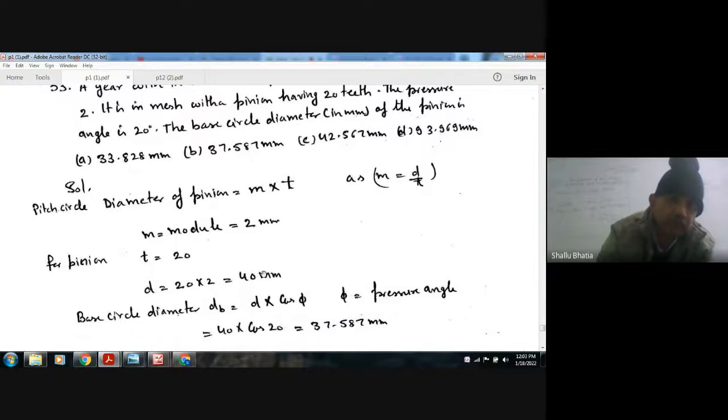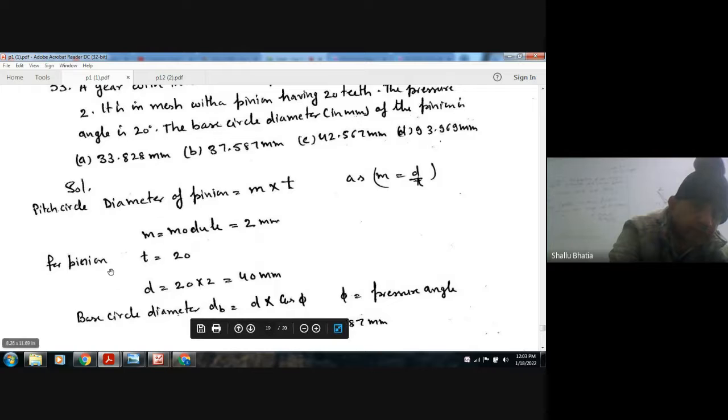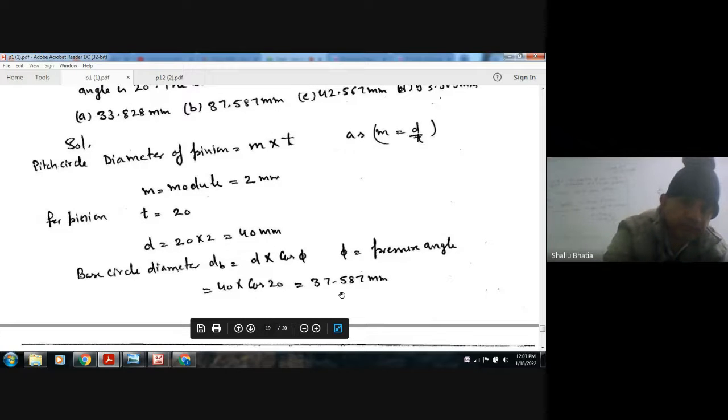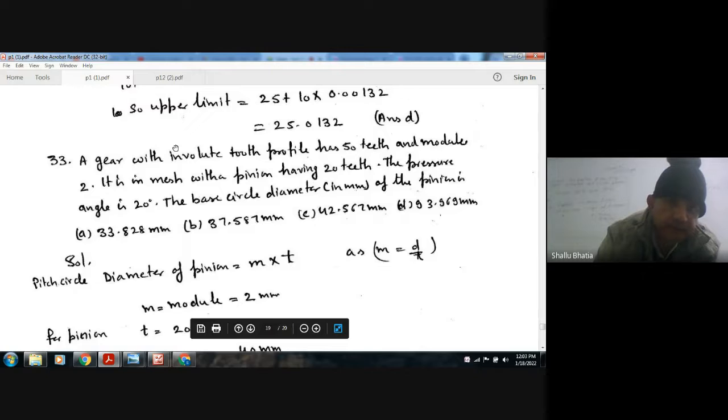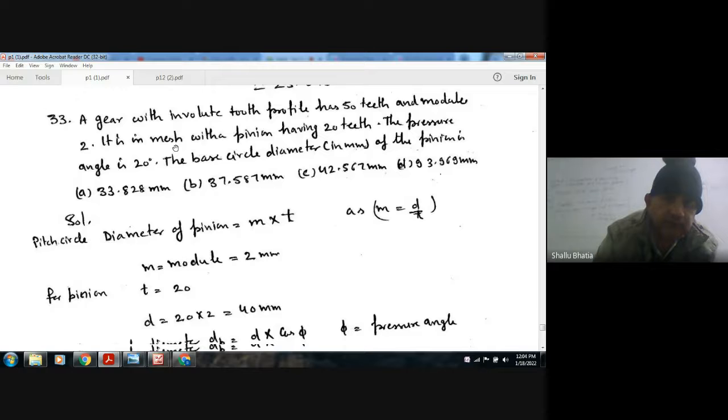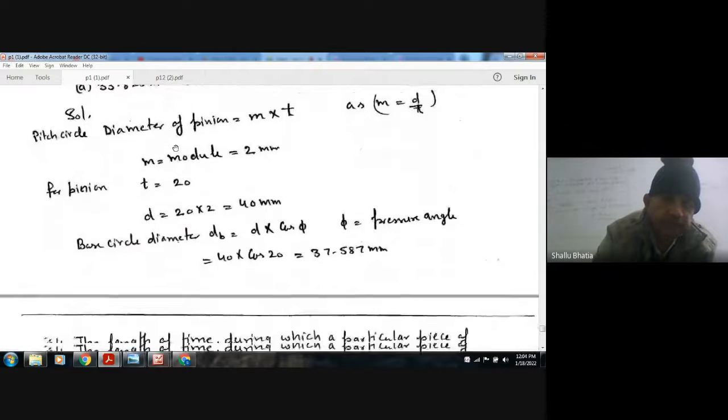If the diameter of the pinion is known, then the base circle diameter is d cos phi, so that is 37.587. There is nothing to do with the diameter of the gear. You only need to know the module and number of teeth of the pinion, and the pressure angle. So the answer is 37.587.